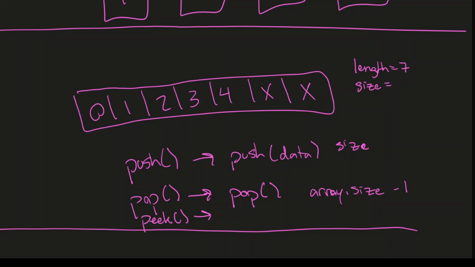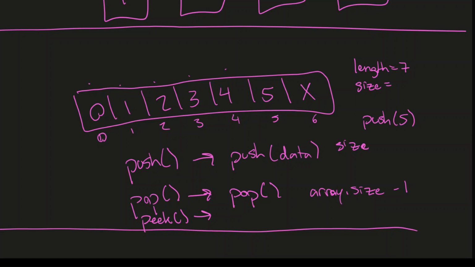So if we were to push 5, it would go to size. Size is currently 1, 2, 3, 4, 5. So it'll go to index 5, because this is index 0, 1, 2, 3, 4. So index 5 would be this. It would set this from null to 5, and the push function would be done.